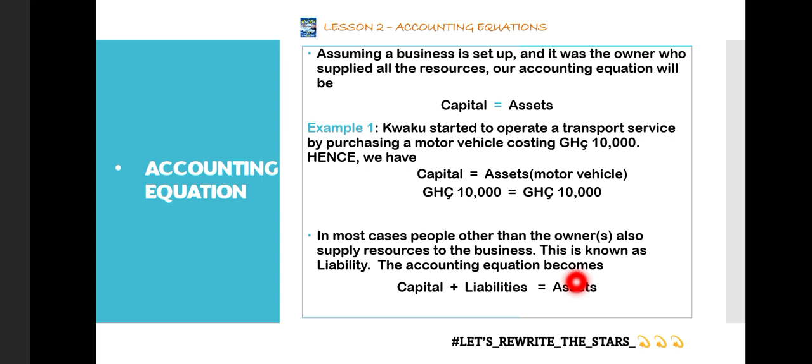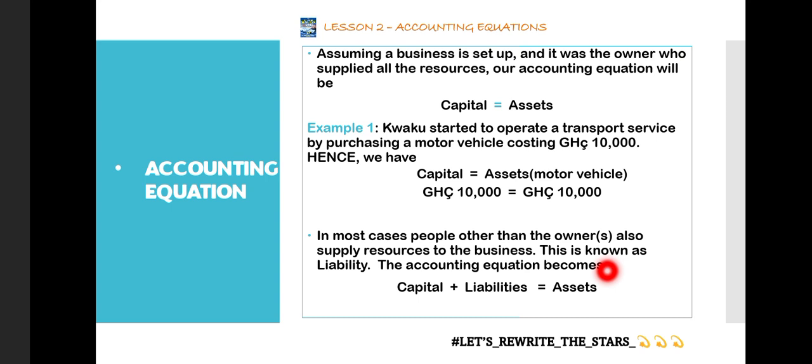So in that case, the resources provided by the owner, which is capital, and the resources provided by the other people, which we refer to as liabilities, when we add them together, we are going to get the total resources or the total properties of the business, which we call the assets.